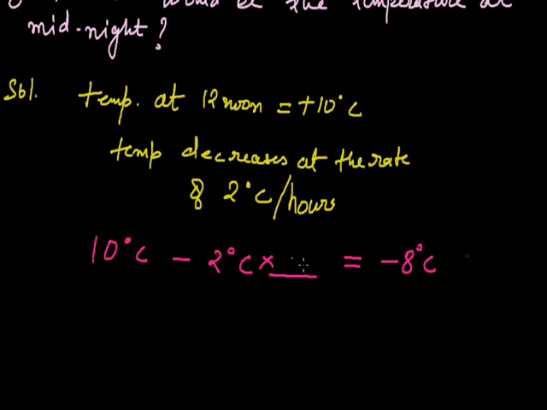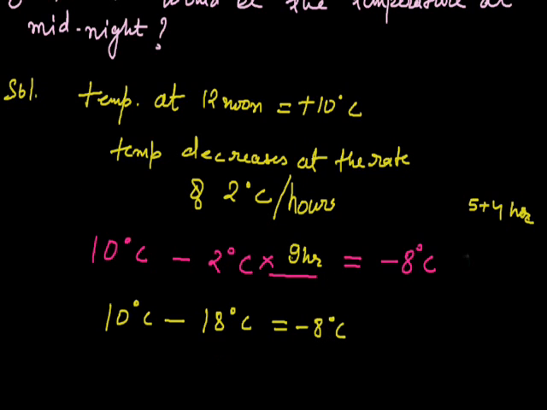For that you need 4 hours more, so that when we multiply 4 by 2, you will get 8 degrees. So what is the total time which we need? We need 5 plus 4 hours, so that when we multiply 2 by 9 hours, you will get 10 degrees centigrade minus 18 degrees centigrade, and you will get minus 8 degrees centigrade.